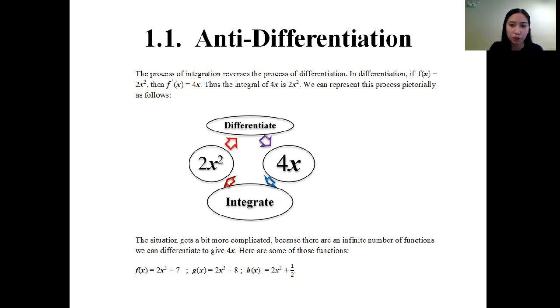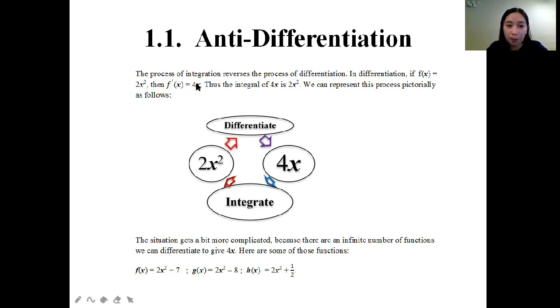In differentiation, if we are going to differentiate 2x squared using the constant multiple rule, we multiply the 2 with this constant, then the power will be deducted by 1. So it becomes 4x.